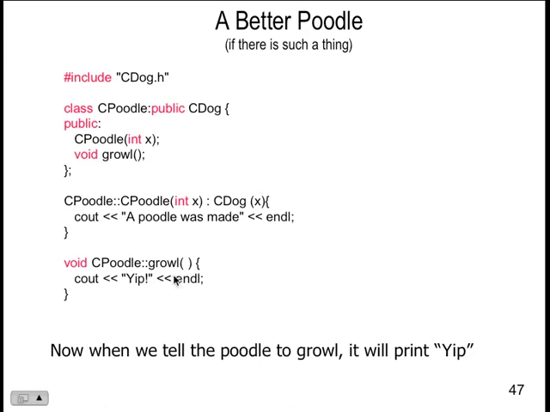So if we said growlP, we'd have two: we'd have growl and we'd have growlP. We add to the list of methods in the superclass's subclasses. And here, if we say growl, we're overriding the method that already exists. So now when we tell the poodle to growl, it's going to yipe instead, because we have yipe being printed out instead of growling.